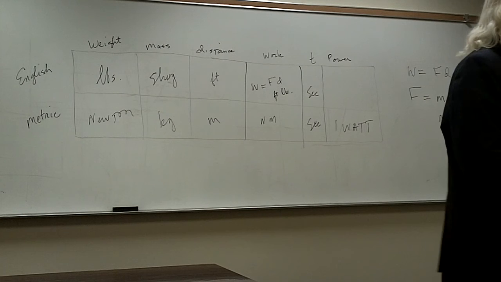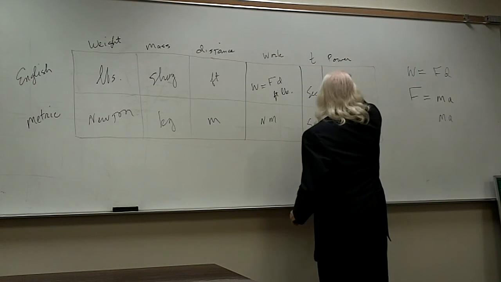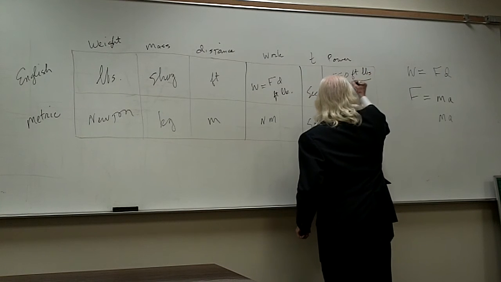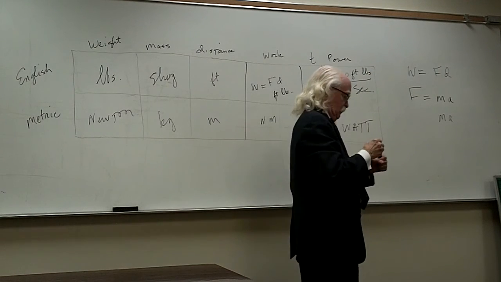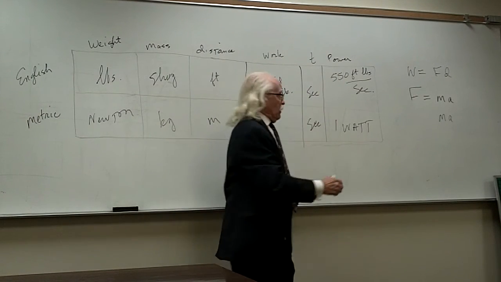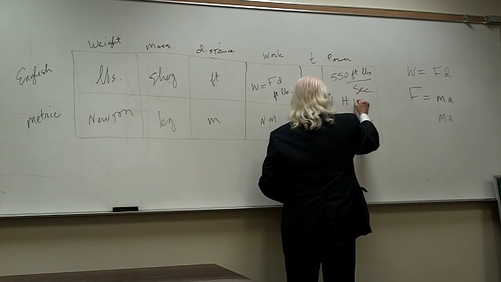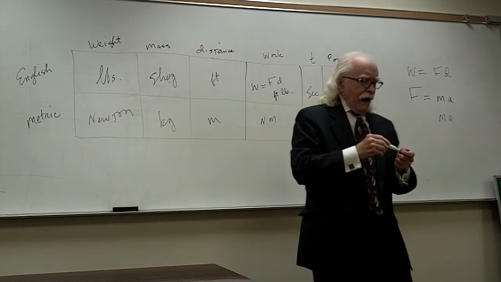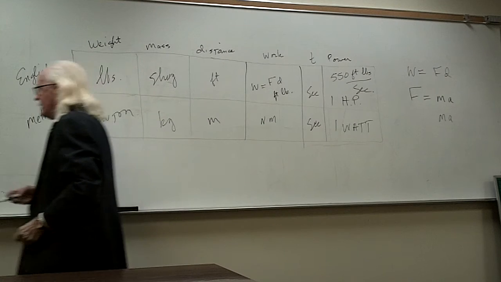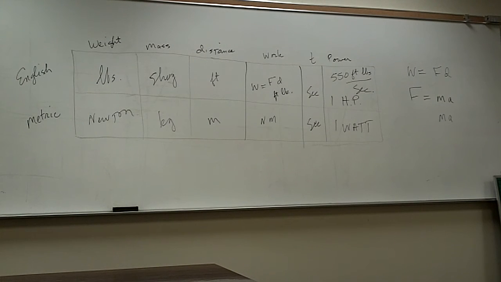How do you measure horsepower? In your Mustang. 550 foot-pounds per second is 1 what? Horsepower. 1 horsepower. How did they get that? They had a horse pulling a carriage.